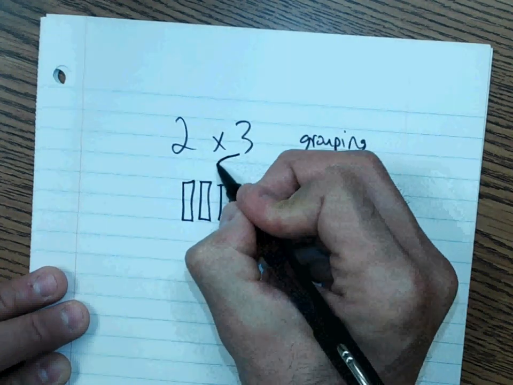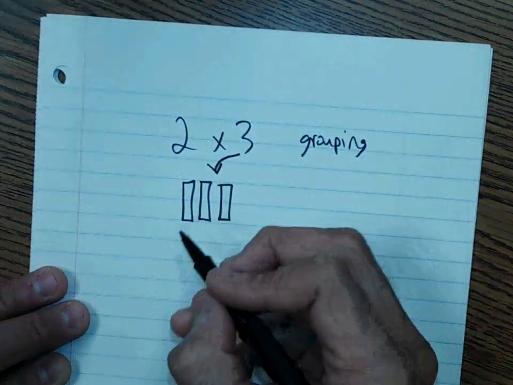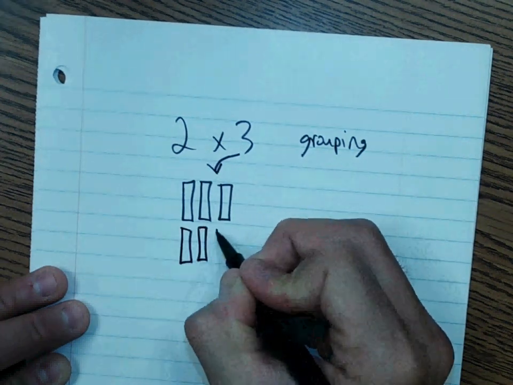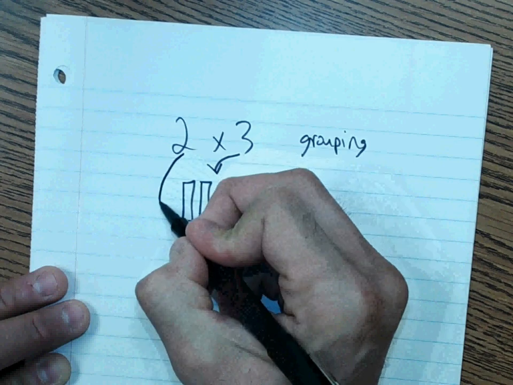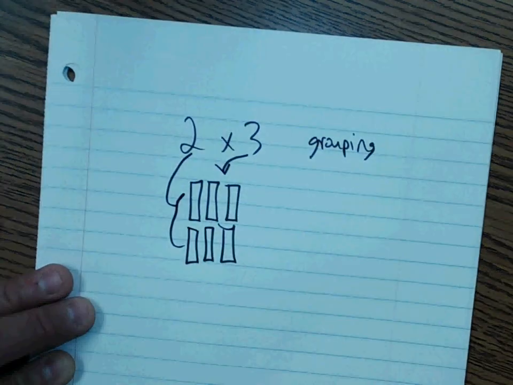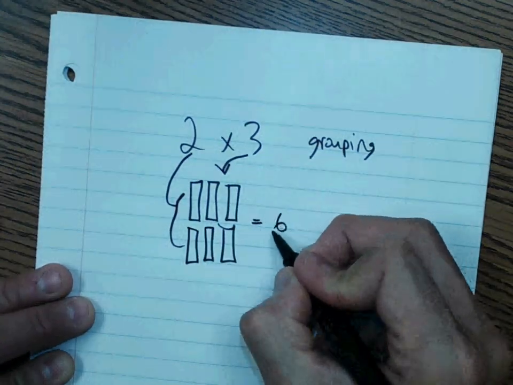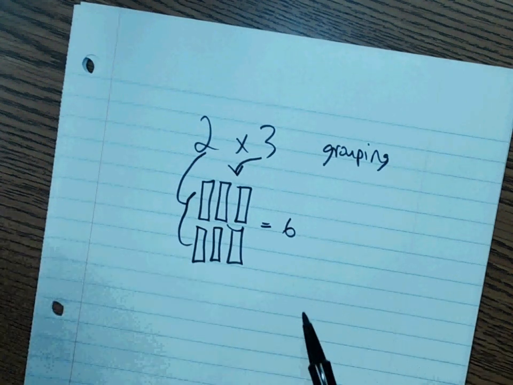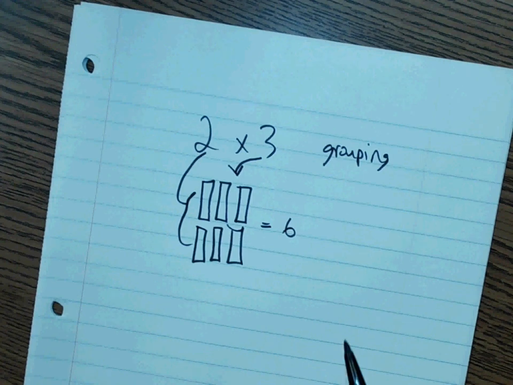So this represents the 3. But it's asking for 2 groups of those. So this 2 is represented by the 2 groups. And obviously now we have 6 shapes. So this may just seem kind of simple to you, but I just want you to get in the mindset that when we're multiplying, we're putting numbers into groups. And that's how we're going to visualize multiplying fractions with arrays.